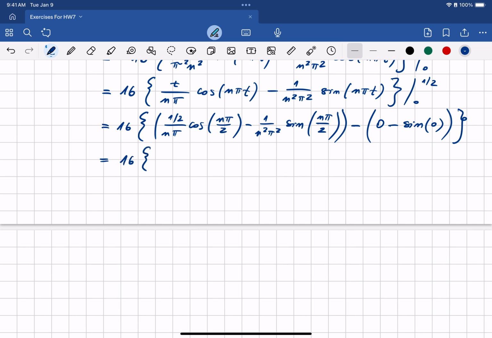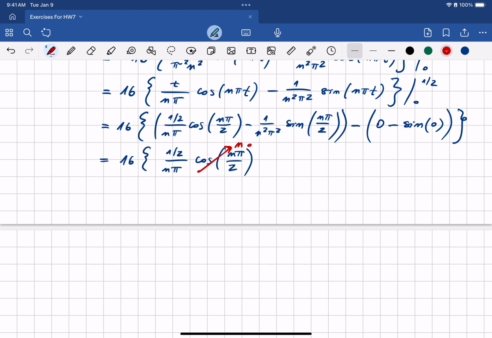Now we can simplify this whole thing. 1 over 2 n pi cosine of n pi over 2. So you can see that n is going to be an integer that goes from 1 to basically infinity. So we're going to have pi over 2, then 2 pi over 2, then 3 pi over 2. All those values are going to give us 0, right?